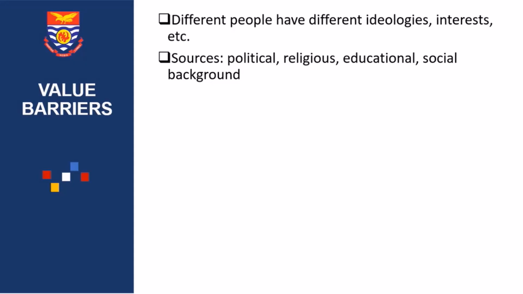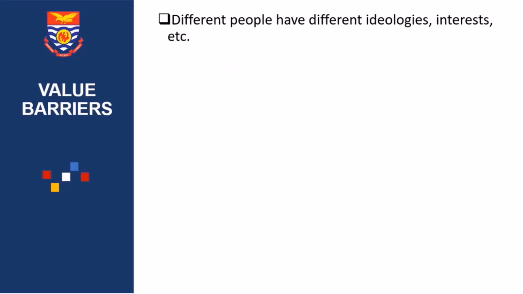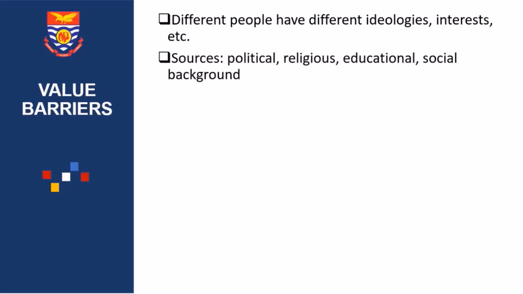Different people have different ideologies, interests, and so on. So what one values will influence the way he or she sees curriculum development. Sources of values may come from political, religious, educational, and social background.